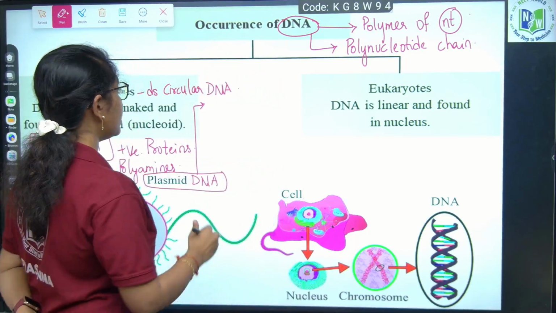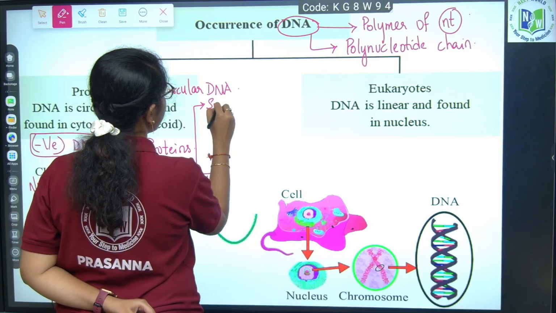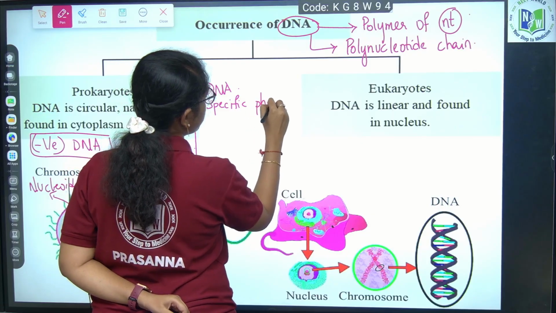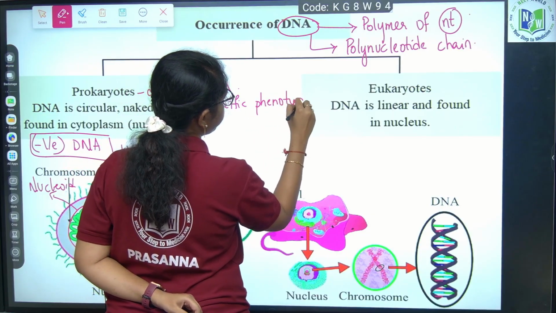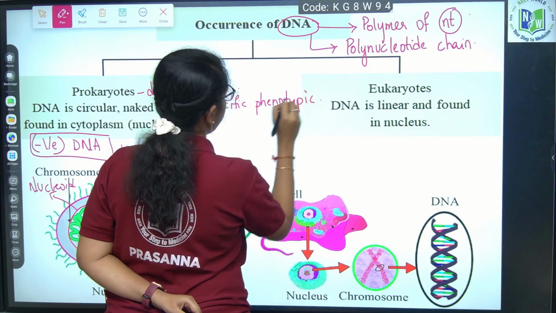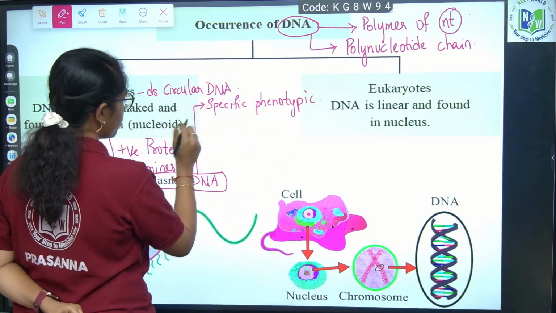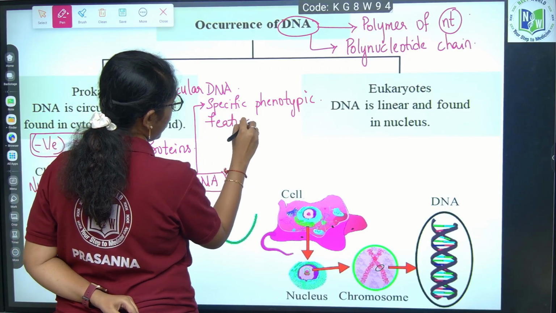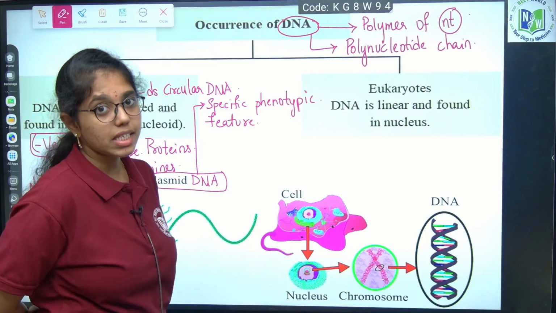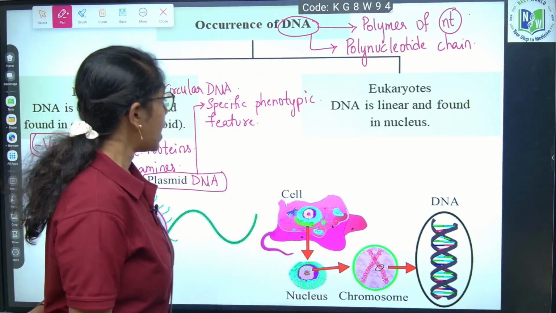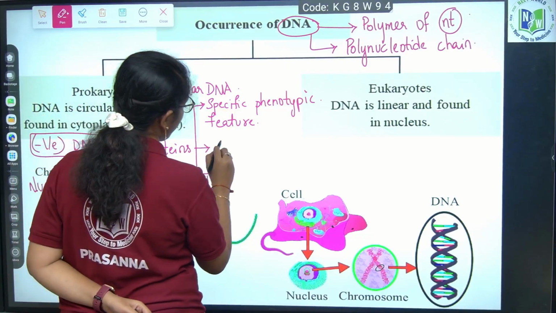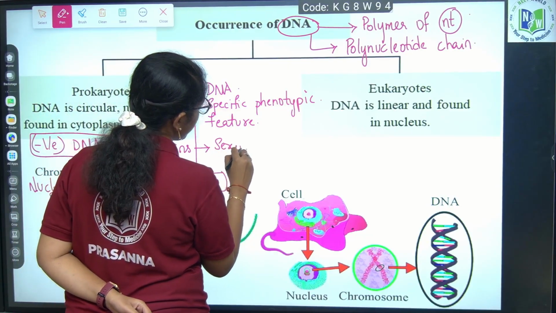It gives a specific phenotypic feature or character to the bacteria, for example, resistance to antibiotics, and it also plays an important role in sexual recombination.